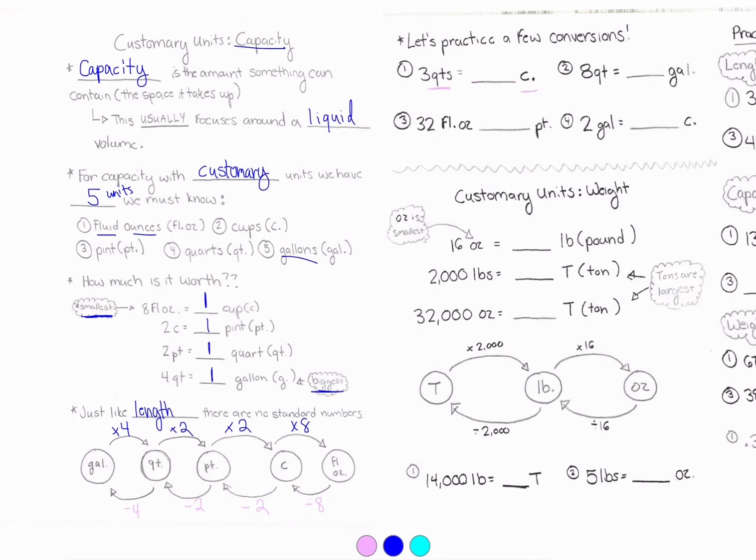If I put a dot where we're starting, quarts, and look back at the flow chart, we're going to cups. I want you to think in your head, are we going to take the blue numbers to get there, looking at those arrows, or the pink arrows? Looking at which way the arrows are going, we're actually going to take the blue ones.